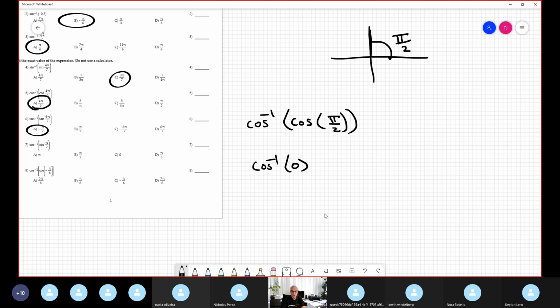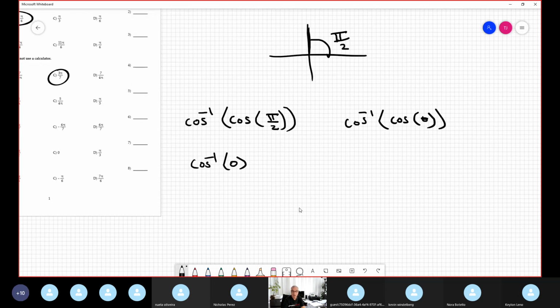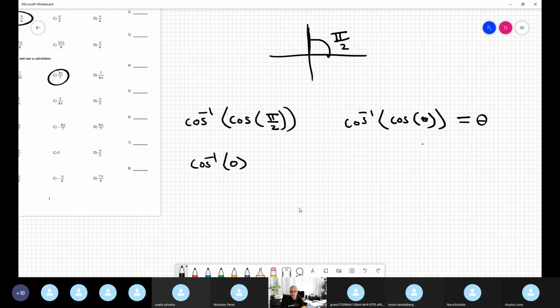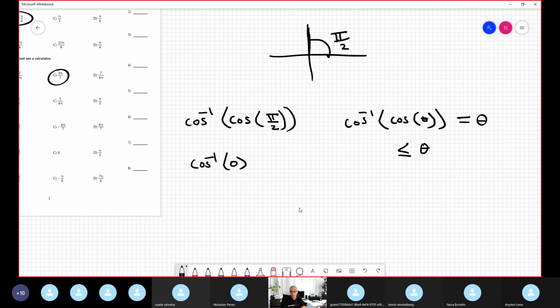So you need to understand that cosine inverse of cosine of any angle is equal to the angle if theta lies between 0, including 0, and pi. Okay, so in this case, wow, amazing. It's clear that pi over 2 is the answer, right?